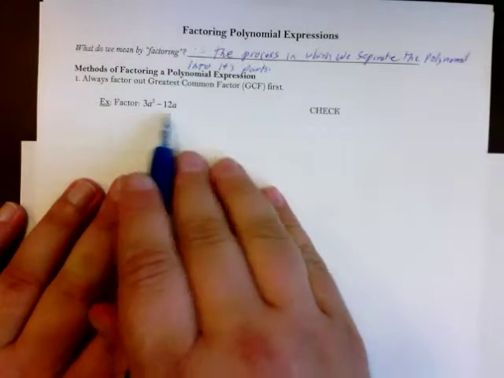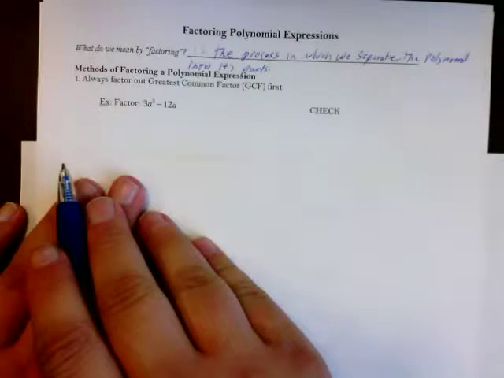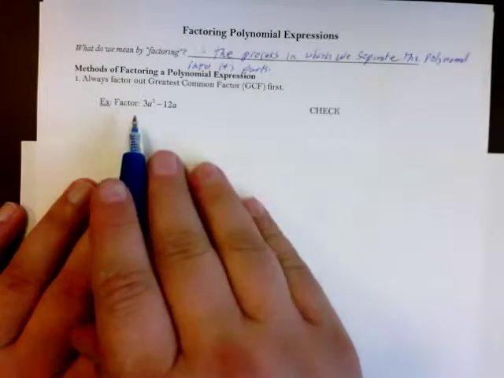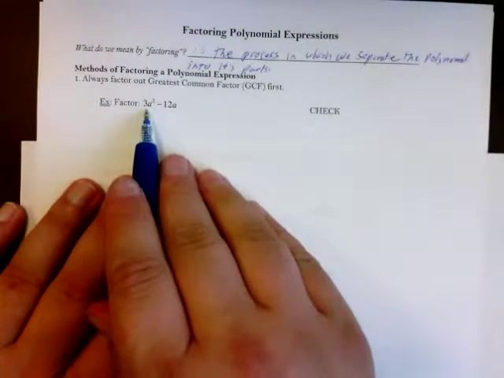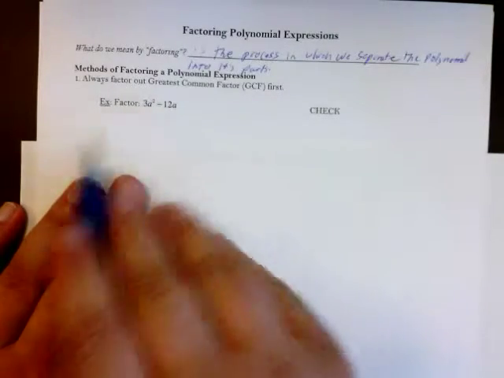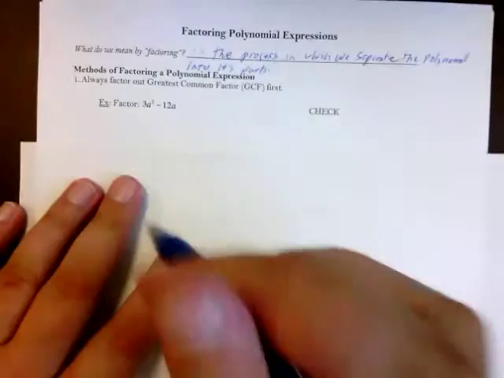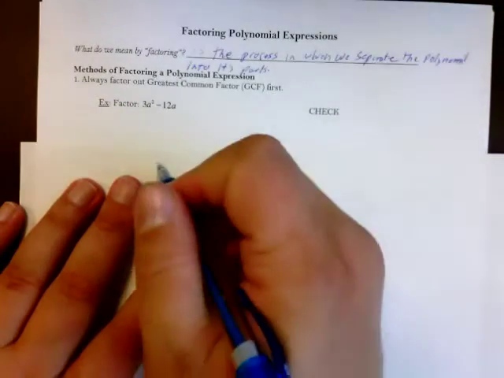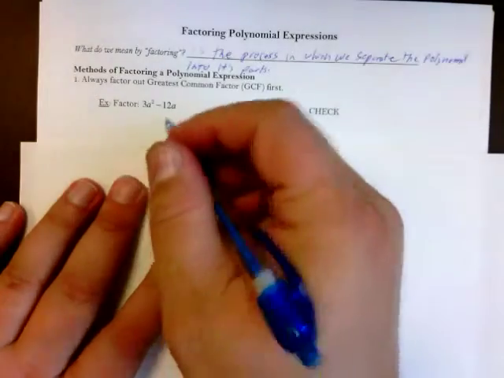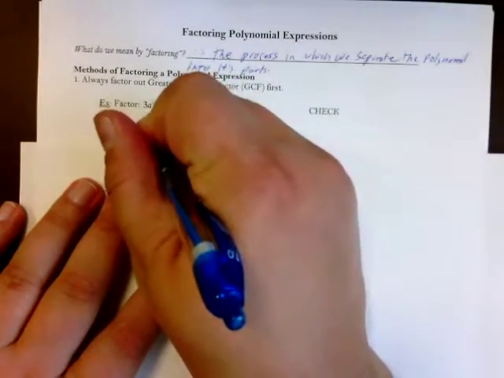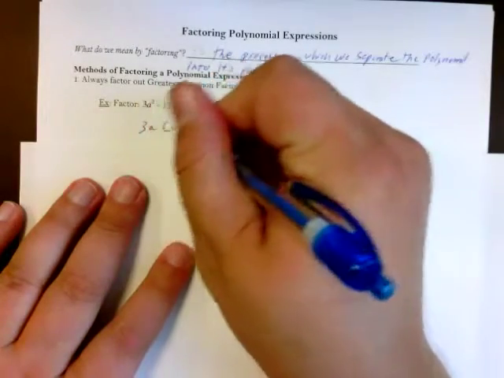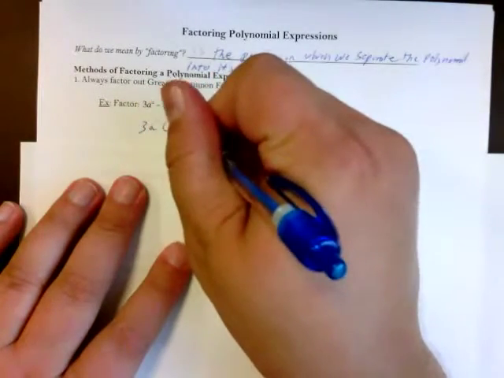So we can look at the question, can we pull anything out? Well, I would want to pull as much out as possible. So I'm going to see, can I take a 3 and an a out of both parts? And yes, I can take 3a out of 3a squared and 3a out of 12a. And that will leave me with an a on the inside minus 4.